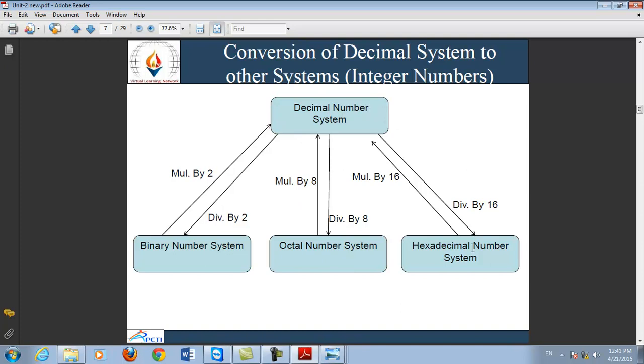To convert decimal into hexadecimal, divide by 16. And to convert hexadecimal into decimal, multiply by 16. One thing to be noticed here is that the decimal number system's base will not be used anywhere in the conversion process. This is the method of conversion of decimal numbers to other number systems in case of integer numbers.